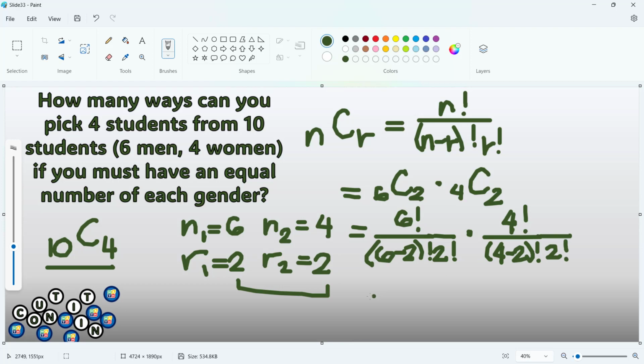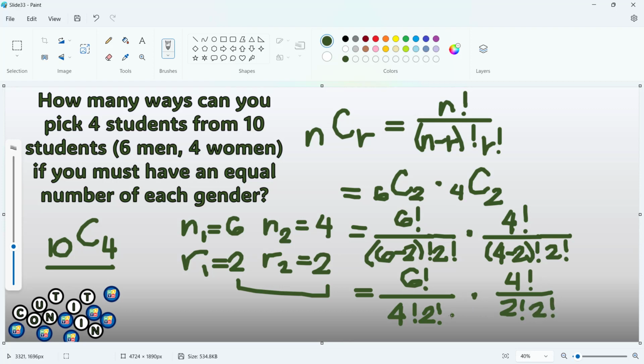So with that, we can now express this as 6 factorial over the result of our denominator, 6 minus 2, which is 4 factorial, and 2 factorial. This will be multiplied by 4 factorial over 2 factorial times 2 factorial.